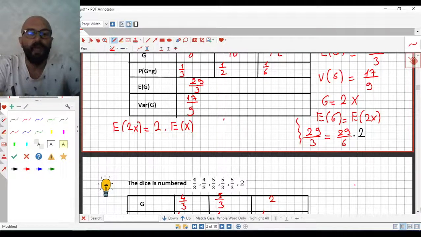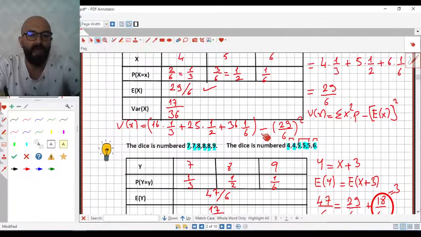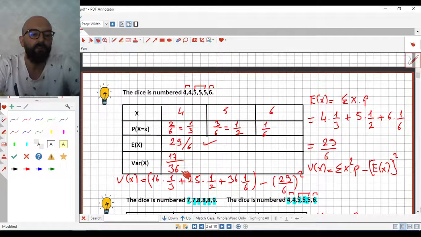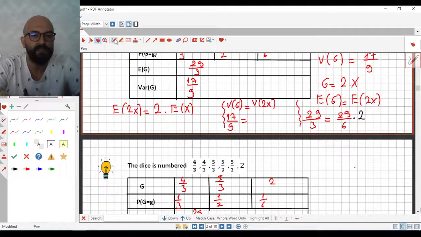Okay, and the variance of G means the variance of 2X. The variance of G is 17 over 9, but the variance of X is 17 over 36.